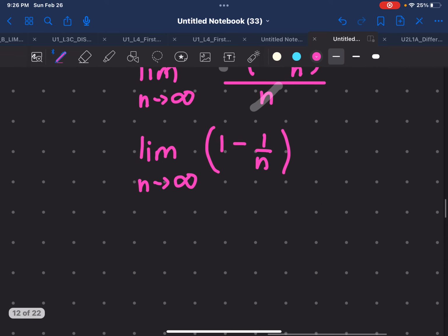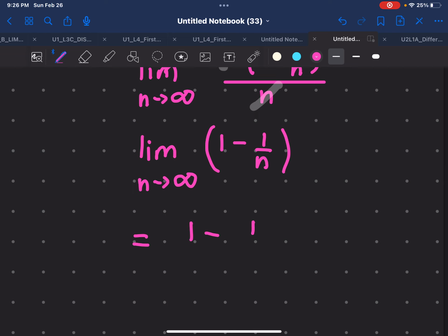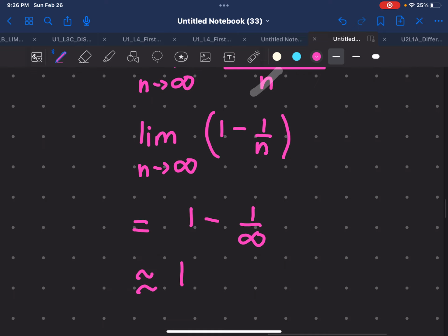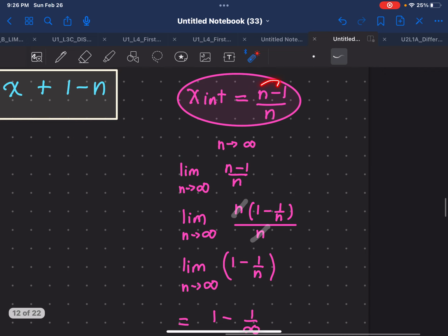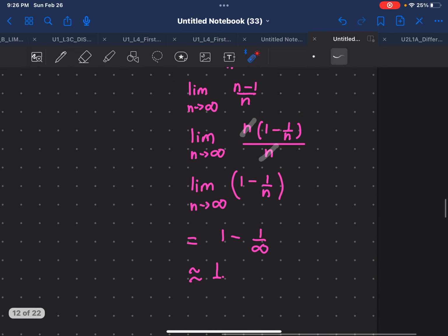Now we can make n infinity, so 1 minus 1 over infinity. Now, 1 divided by infinity, you can estimate it, it's going to be 0 plus, which means that the value of this expression, which represents the x-intercept of the function, would be approximately 1.